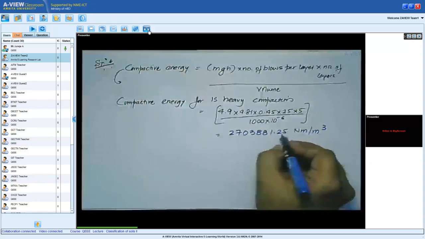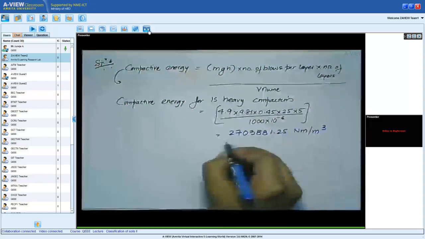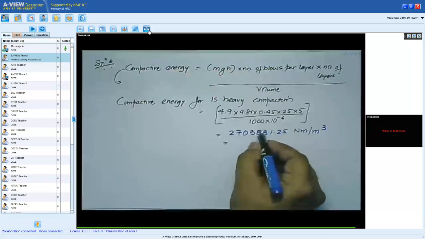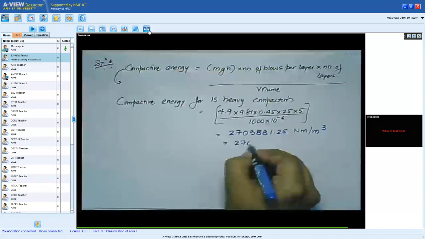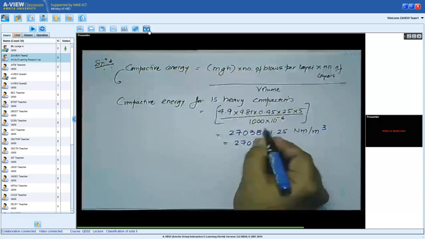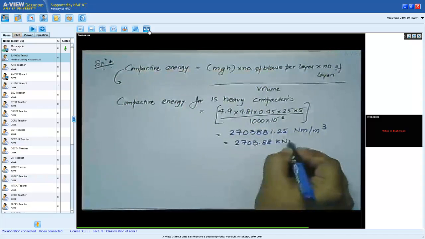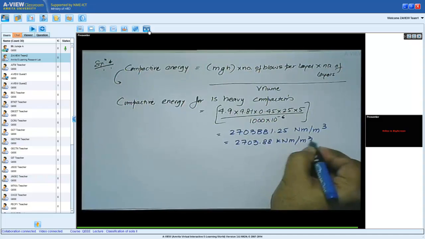Because this is Newton, I can rewrite this in kilonewton. I just need to push the decimal place by 3, so I have 2703.88 kilonewton meter per meter cube.